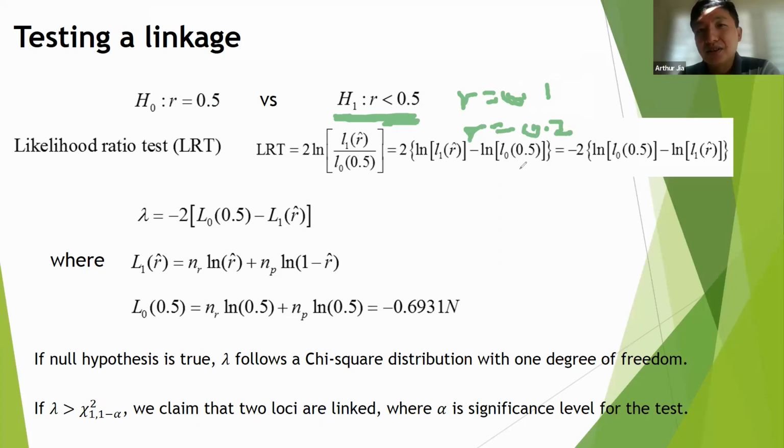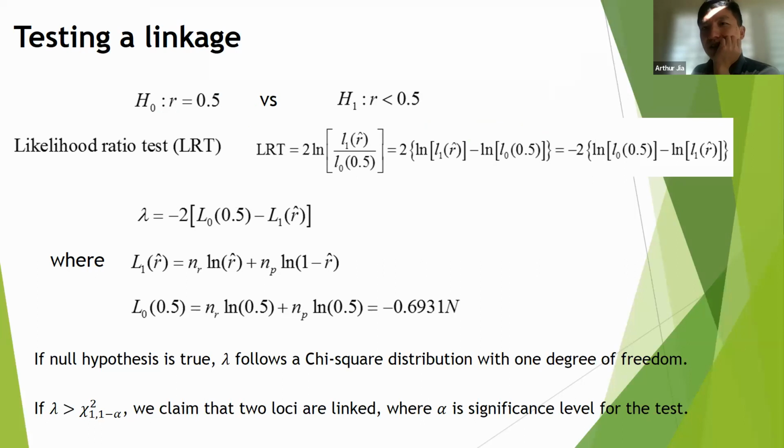If R is less than 0.5, these two loci are linked, but different R values mean different strengths of the linkage. Here we are interested in testing whether they are linked or not, whether they are independent or not. So that's why we put this in the null hypothesis.